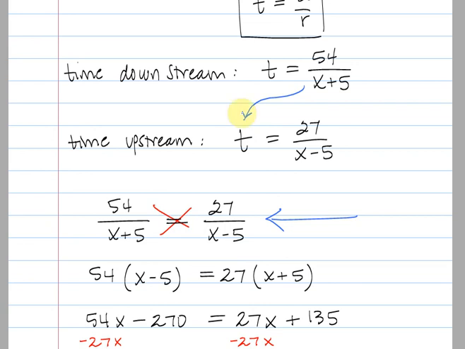We set these two expressions equal to each other because the time we were told was the same, but it also jives with the material in this unit because we simply substituted 54 over x plus 5 for t, and we would have ended up in the same spot.